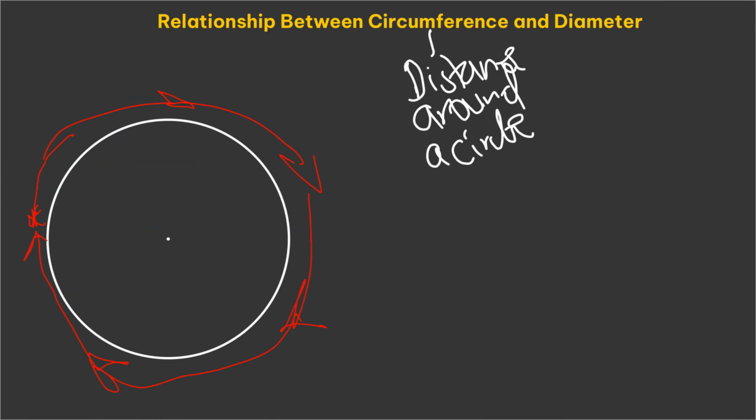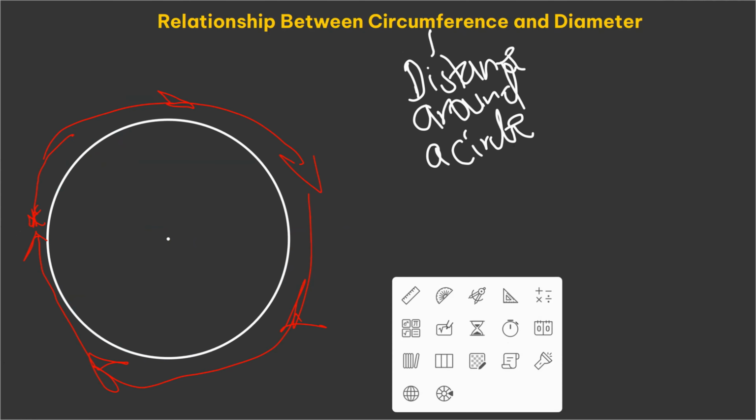That's the circumference. And now what's the diameter? A diameter is the length of a straight line from one end of a circle to the other end, and the diameter passes through the center. So the diameter divides the circle into two equal halves. Let's illustrate that one.